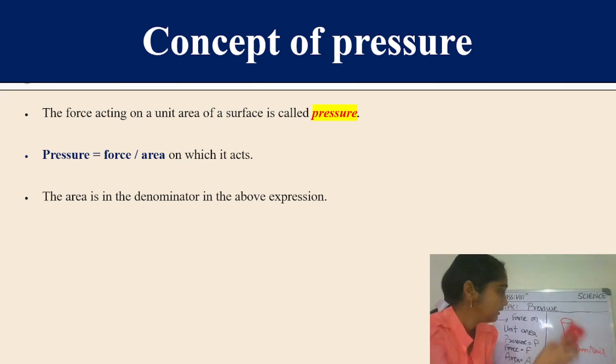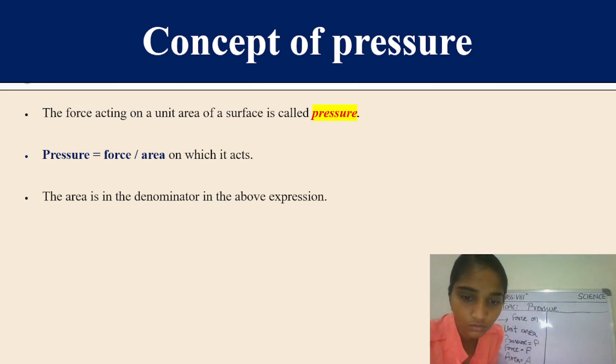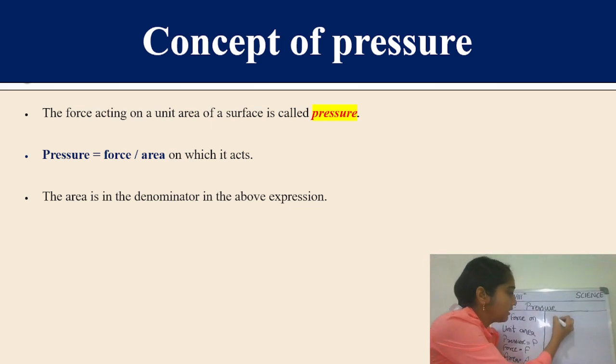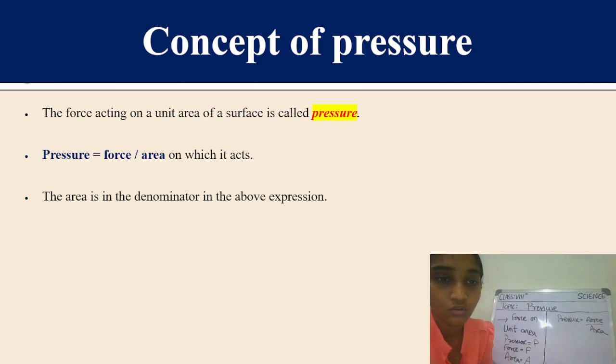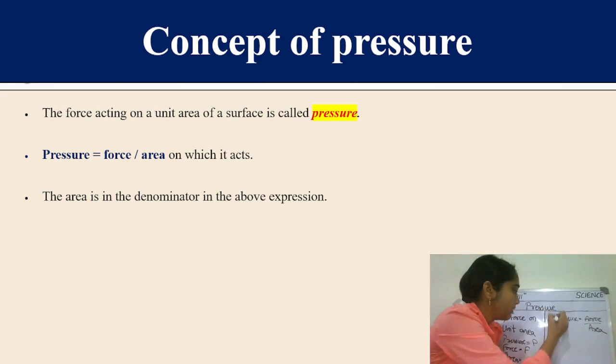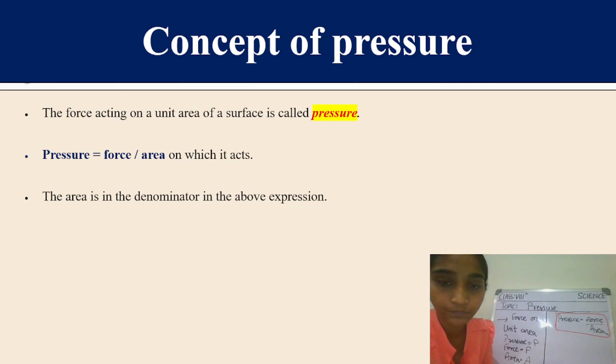Let me write it over here also. In the denominator the area will come. So pressure is the force we apply on an object per unit area of it. This is the formula of pressure, and area is always in the denominator of this expression.